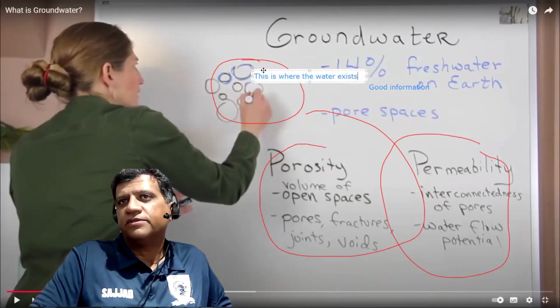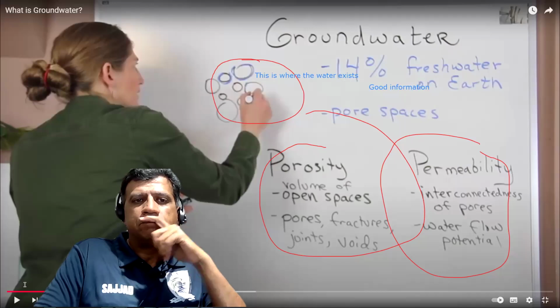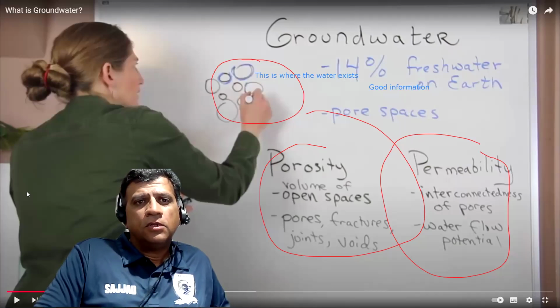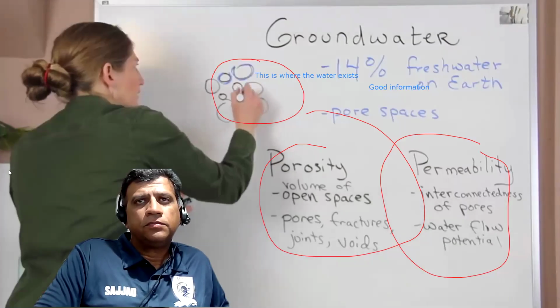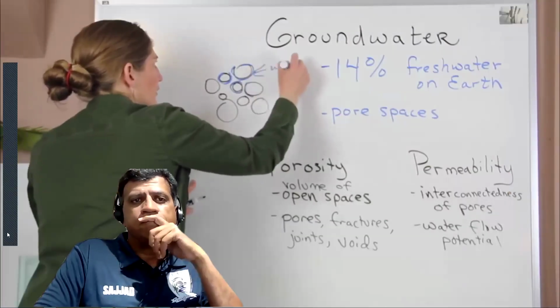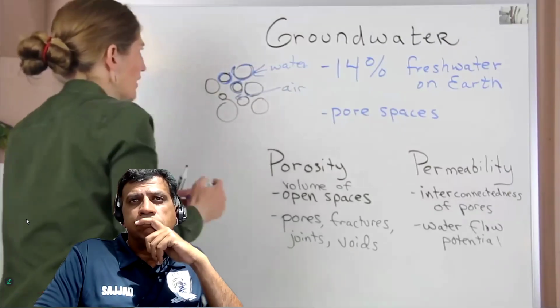Pore spaces, which is what she's showing now. And then it can also have air. So water, air, and then the actual grains.